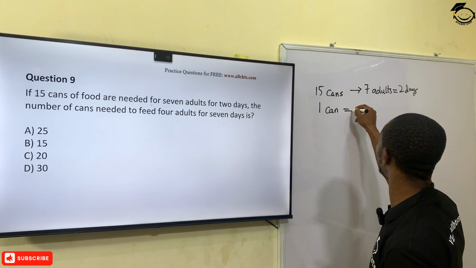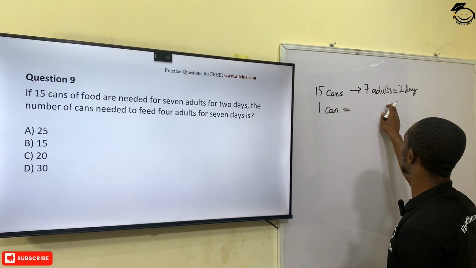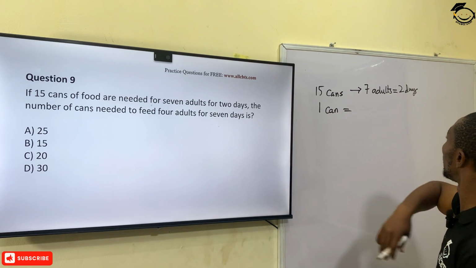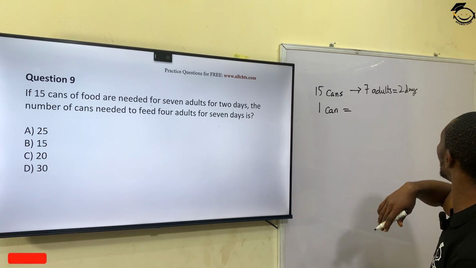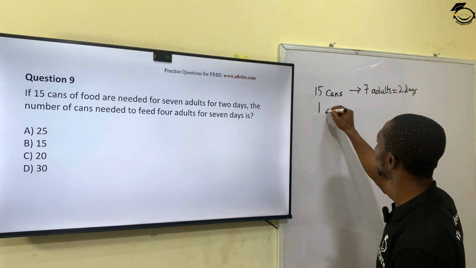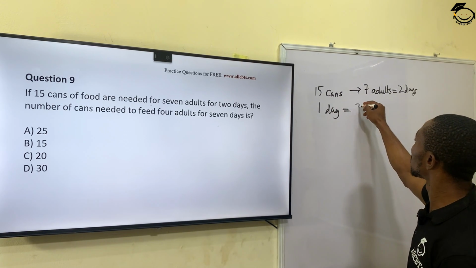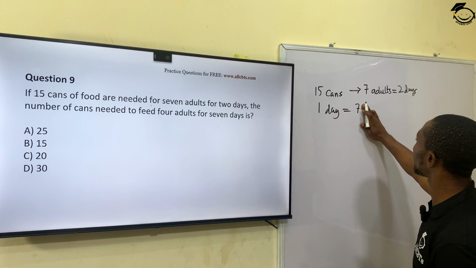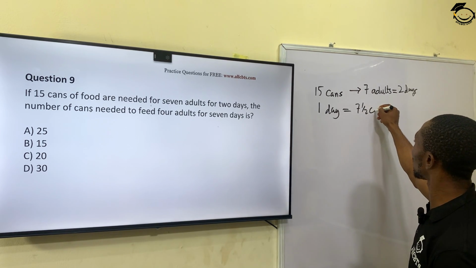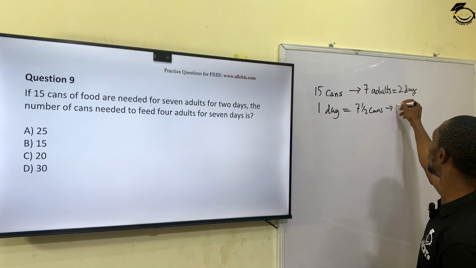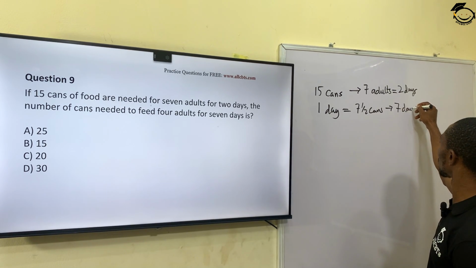If 15 cans feed 7 adults for 2 days, all right, that means for 1 day, for 1 day would be 7.5 cans. That's 7.5 cans for the 7 adults.